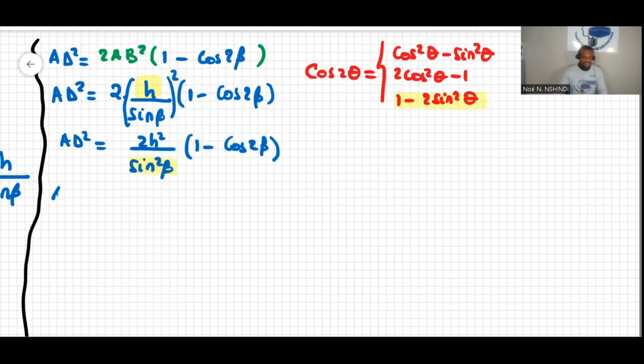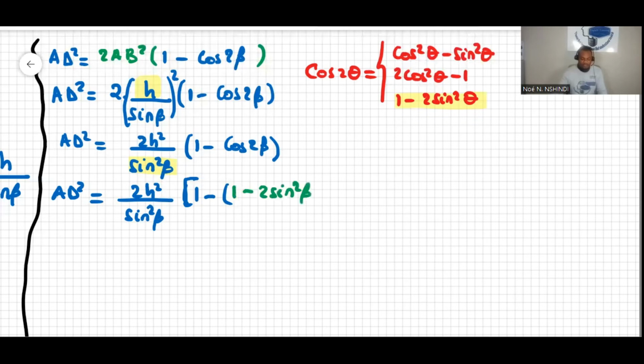Then AD squared will be equal to 2h squared over sine squared beta, open brackets 1 minus, instead of cos 2 beta, I am going to write 1 minus 2 sine squared beta, close brackets.